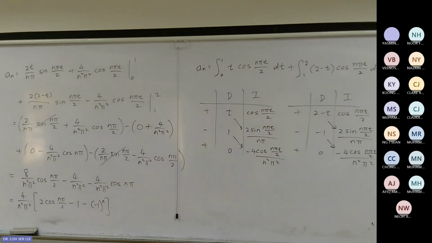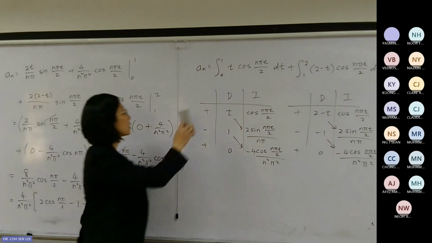So this is your A. And substitute your A naught and A n into the Fourier cosine series formula.